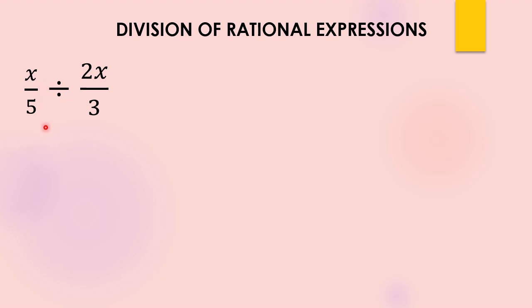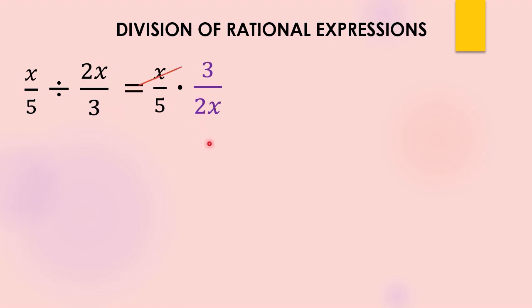So if I have x over 5 divided by 2x over 3, so to divide these two rational expressions, first we need to change the division symbol into a multiplication symbol and then get the reciprocal of 2x over 3. So how to get the reciprocal of this? You just interchange the numerator and denominator.